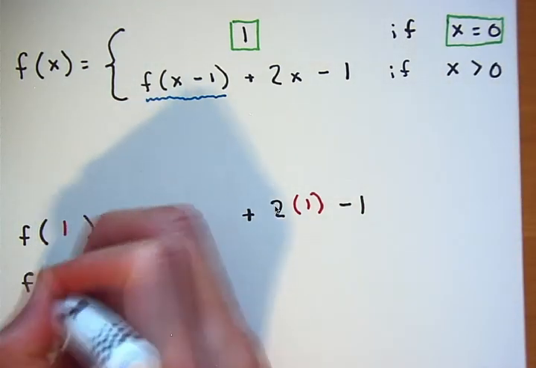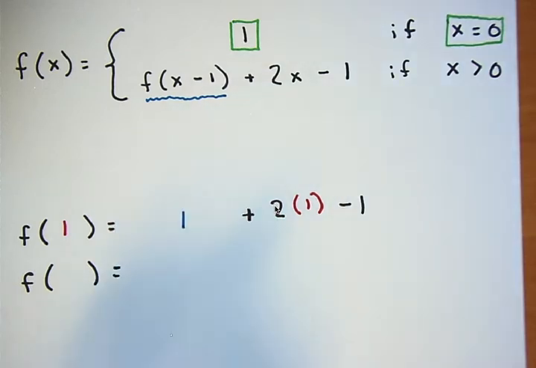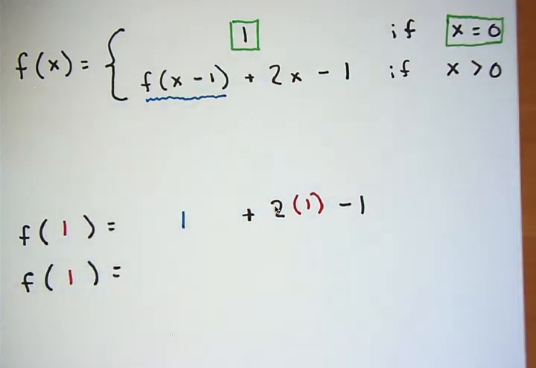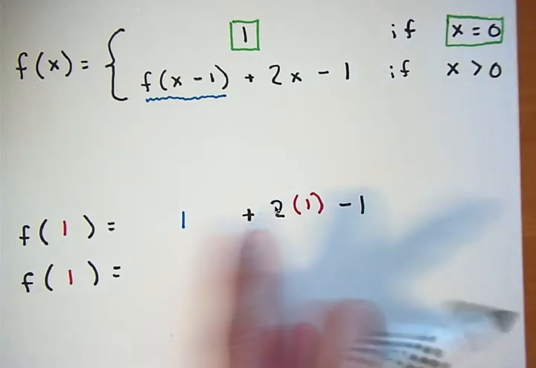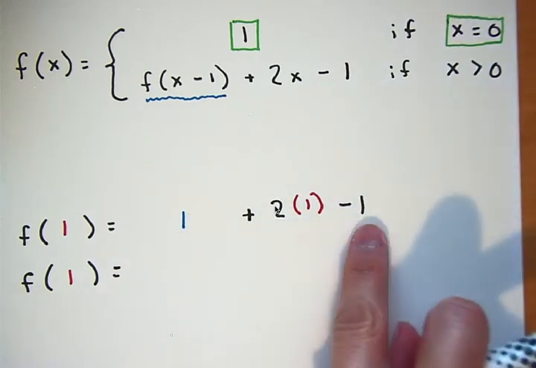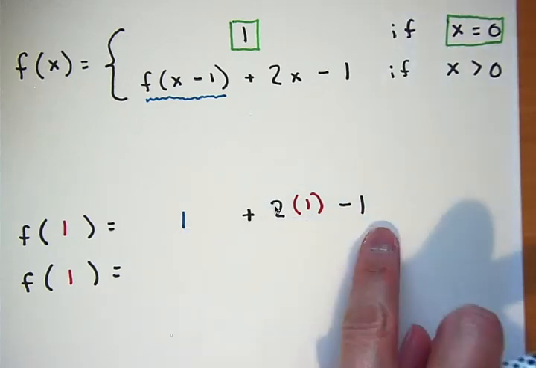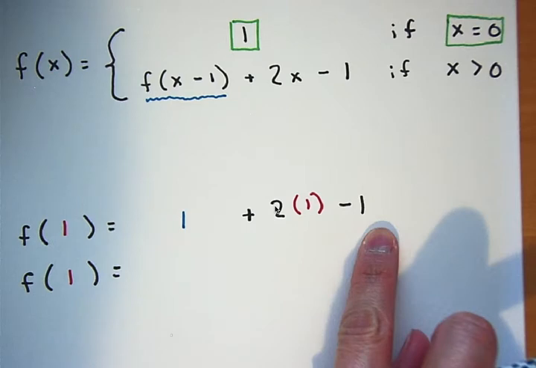So therefore, my f of 1, or my y when x equals 1, is 1 plus 2 times 1 minus 1. 2 times 1 is 2, so 1 plus 2 minus 1 equals 2.